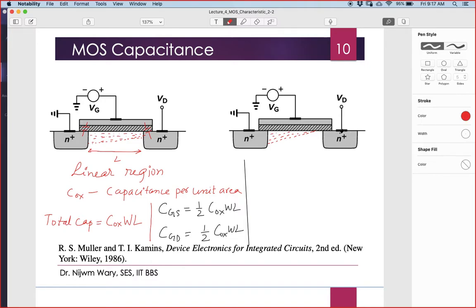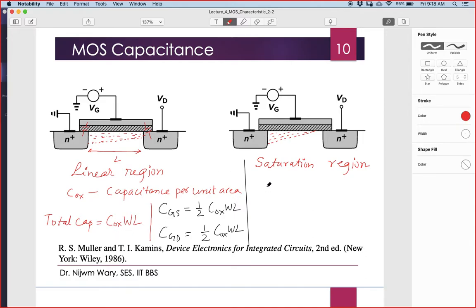So in this situation, the capacitance between the gate and the channel, the oxide capacitance between the gate and the channel, what will happen? This is in the saturation region. So only the gate and source capacitance will exist, but of course it will not be COX WL.